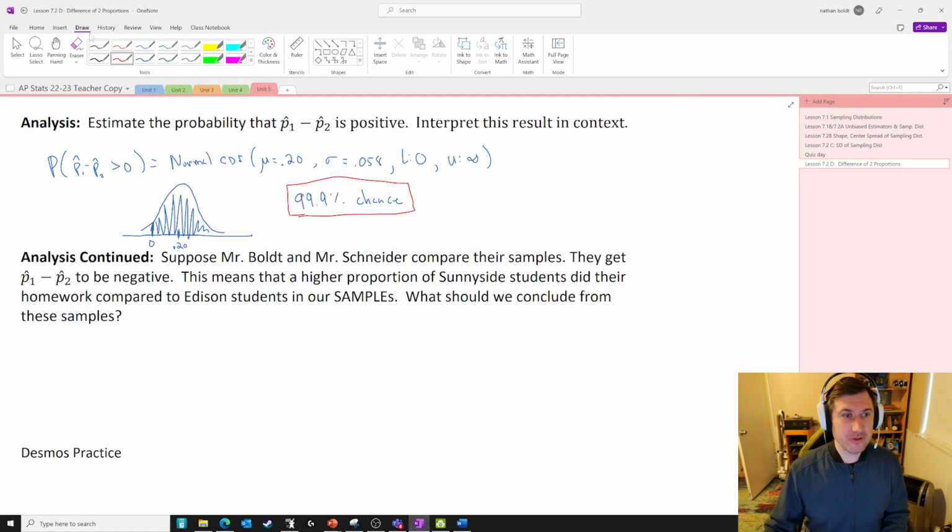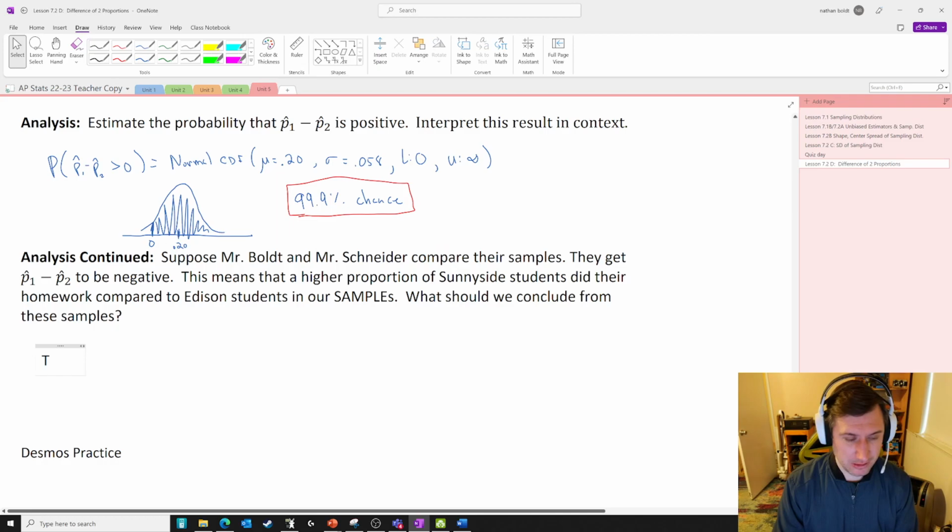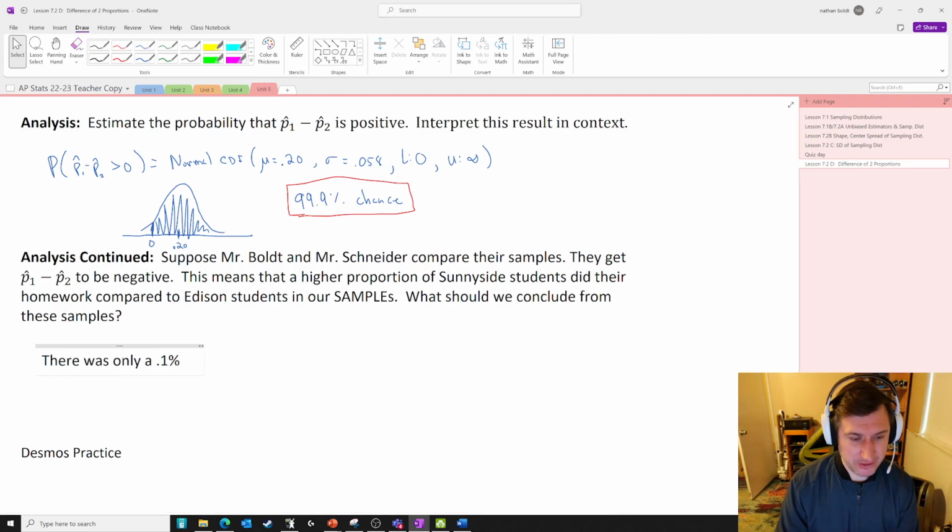There was only a 0.1% chance of this happening because of sample variability with our original assumptions.